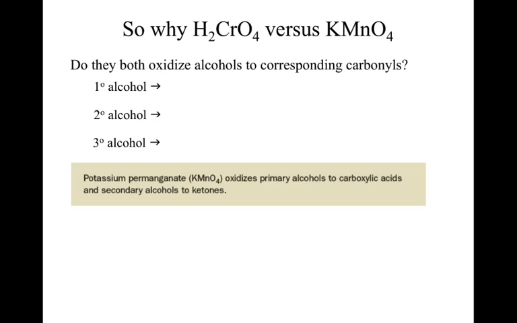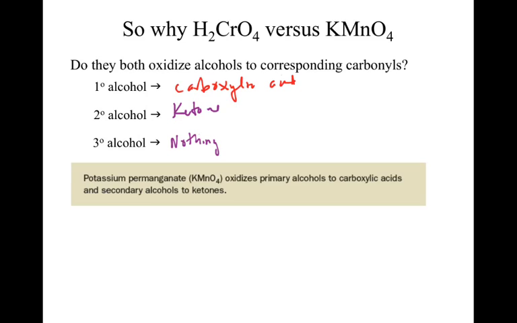Okay, so number one, we get our carboxylic acid. I guess I should have written this out. Yeah, well, too late now, I already said it. For a secondary alcohol, we'd end up with what functional group? Hopefully you said a ketone. And then for the tertiary alcohol, we get nothing. Okay, there's nothing for it to oxidize.